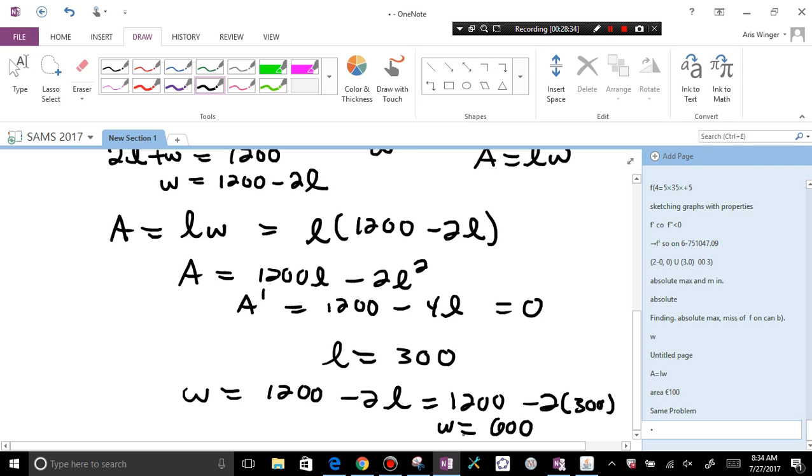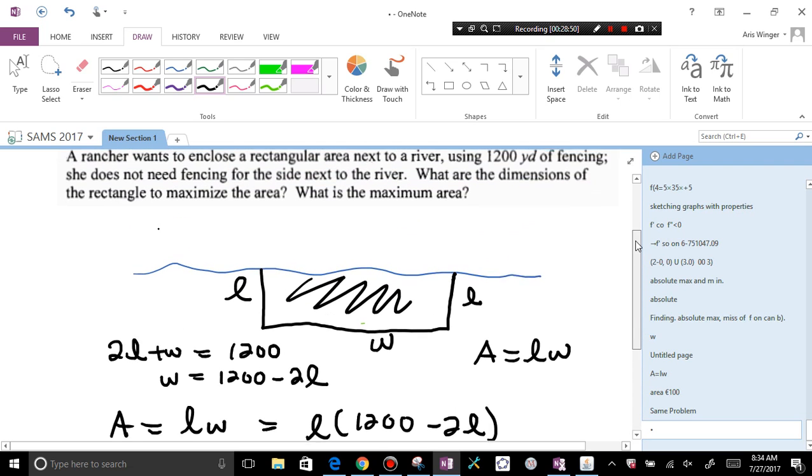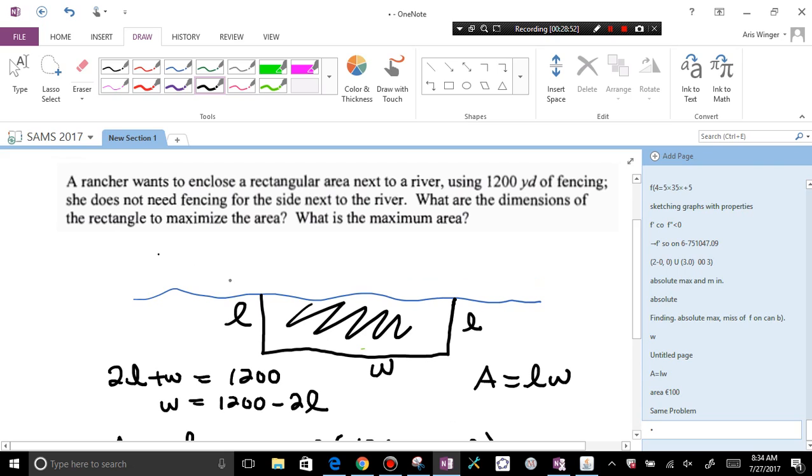Question? Did we get the same thing? I did this, and so I had 2W plus L equals 1,200. Well, let's see what you did. So you drew the long side, and then the shorter sides.